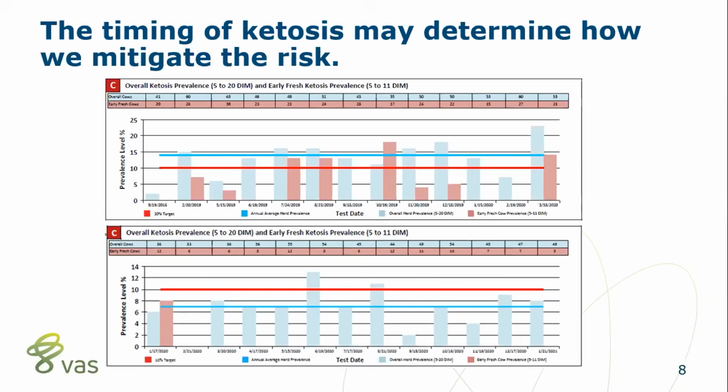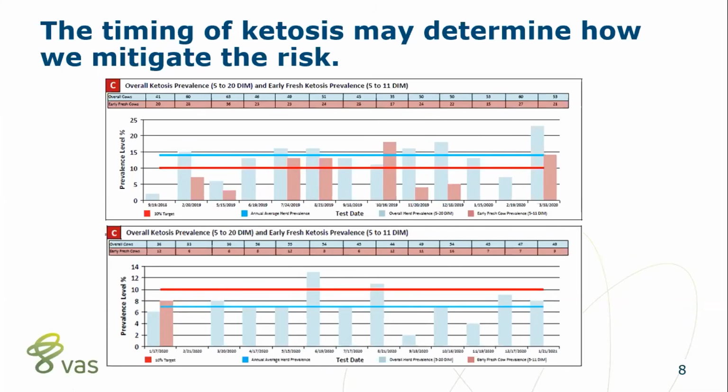So these blocks in KetoMonitor look at when ketosis is occurring. Is it in the early fresh period, which is going to be the pink lines? Or is it overall 5 to 20? When we say early fresh, we're looking at 5 to 11. What we notice here, these are two different farms. The timing of ketosis isn't always consistent. So in the top farm here, we see changes as to when ketosis is affecting our cows.